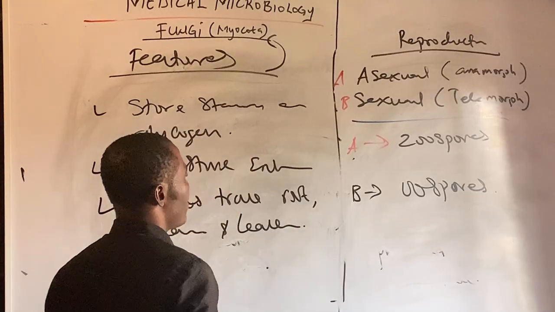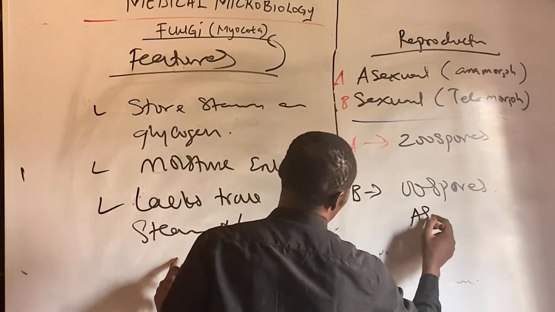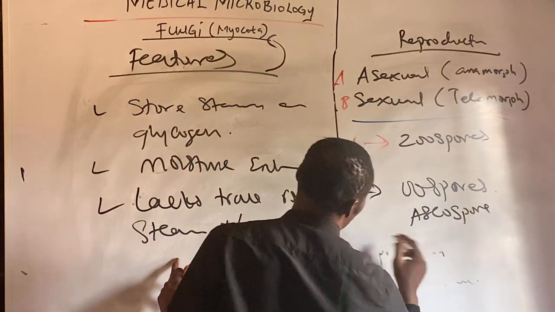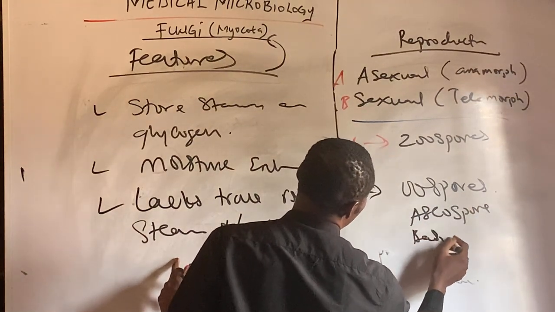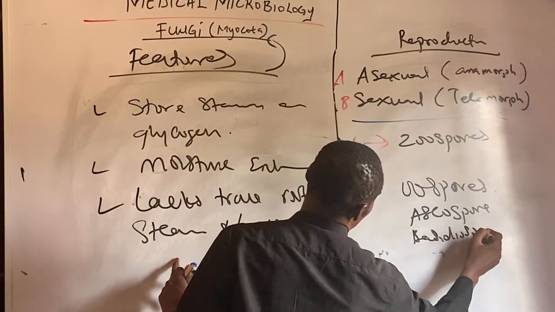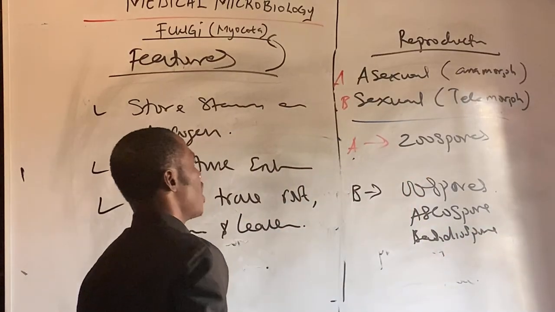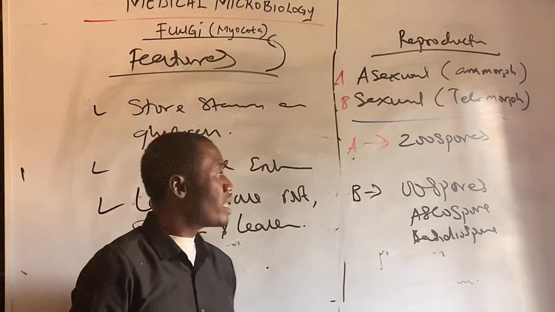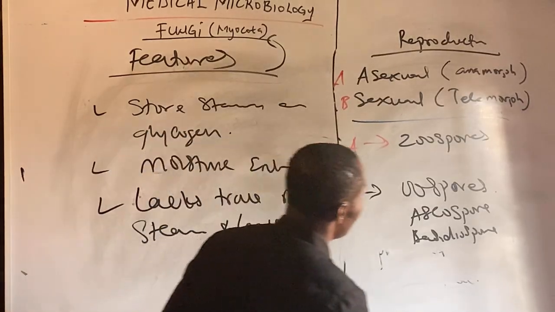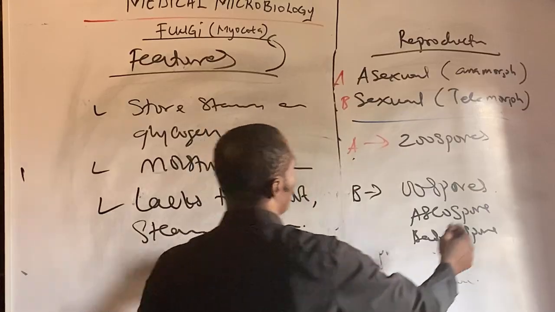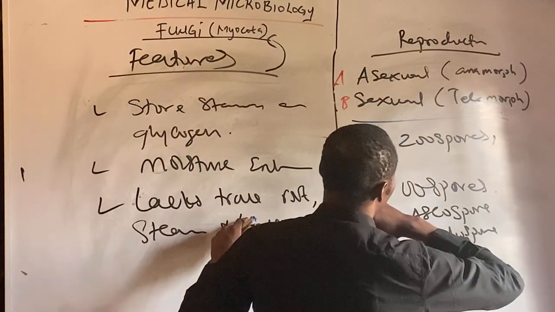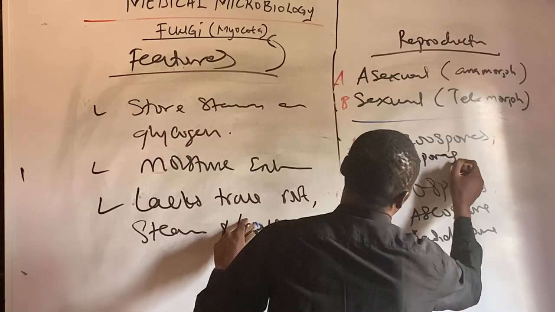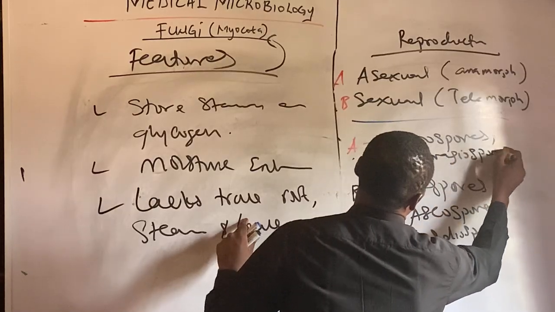You can also talk about the ascospores, the basidiospores, and a lot of those. But over here we call them the zoospores. There are other names for it, sporangiospores.